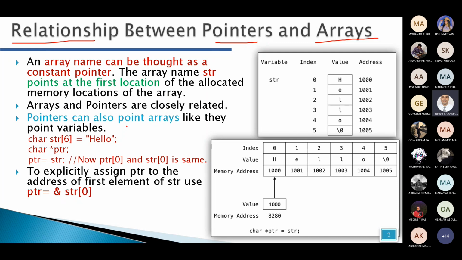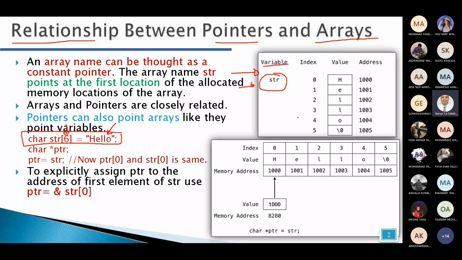So if we create an array like this, an array of characters, its name is str, it has 6 elements, and we give it the initial value hello. In the memory, you can imagine it like this. We have the variable name, which is str, the name of the array, and then we have the array with 6 elements.